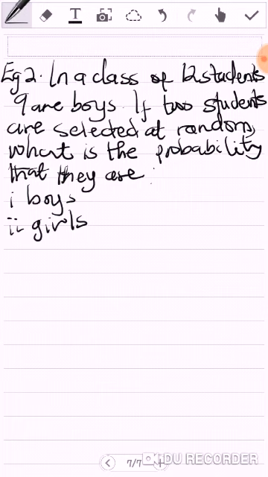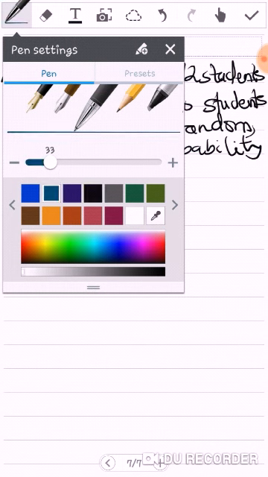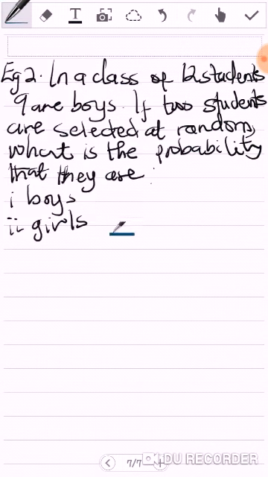Alright, so I'll give you some minutes, then you solve. I guess you are done. Okay, I'll use a different color for this. So, solution.